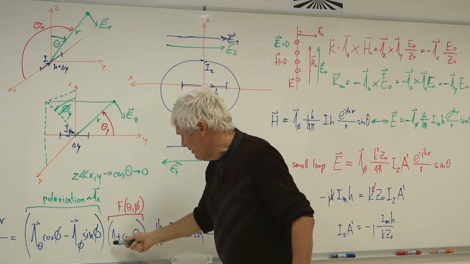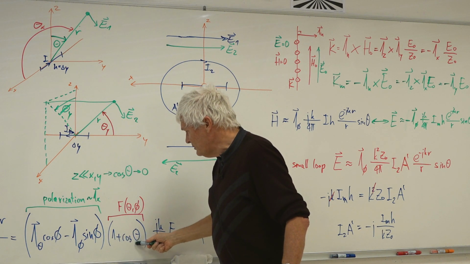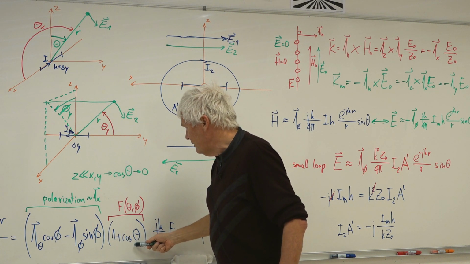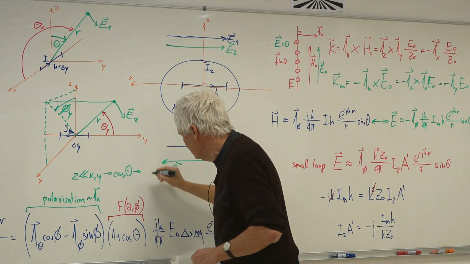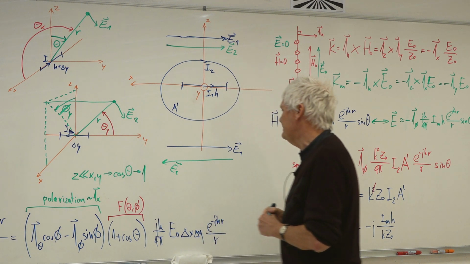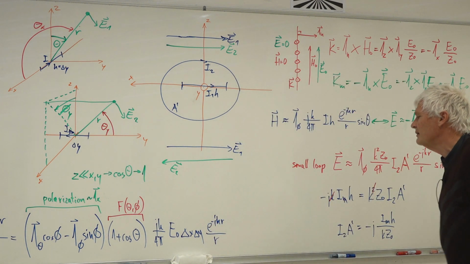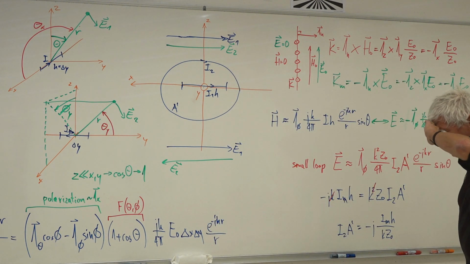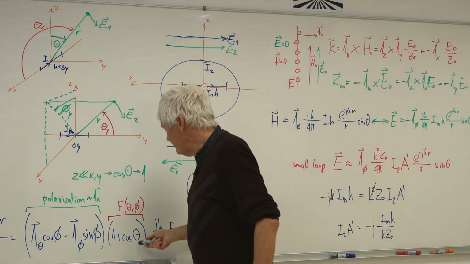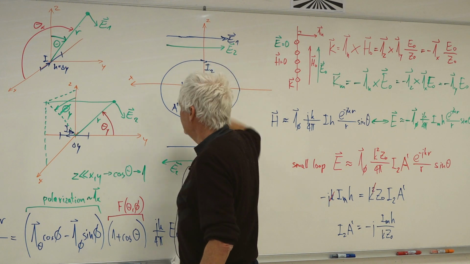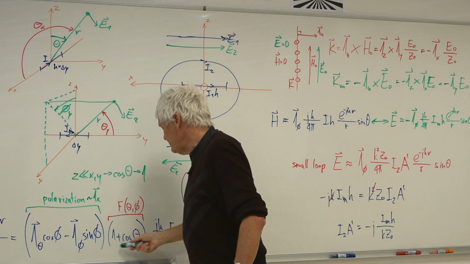So the electric dipole and the magnetic dipole, their fields sum in the plus z direction, where I have 1 plus cosine theta. Sorry, theta goes to 0, cosine theta goes to 1. I made a mistake before. Sorry. When we have small theta in the plus z direction, this is equal to 2.